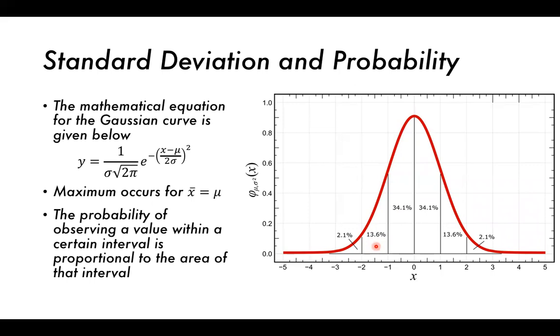So the probability of finding the value that we are observing between the mean plus or minus one multiple of the standard deviation is going to be about 2/3. So about 68.2% of all values are going to fall within this range from -1 to +1.